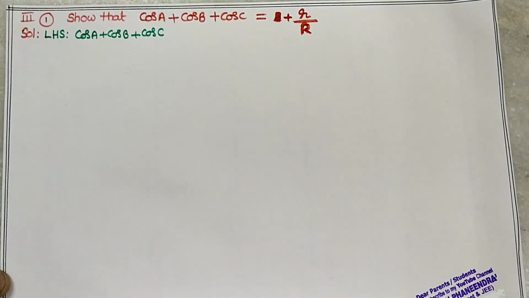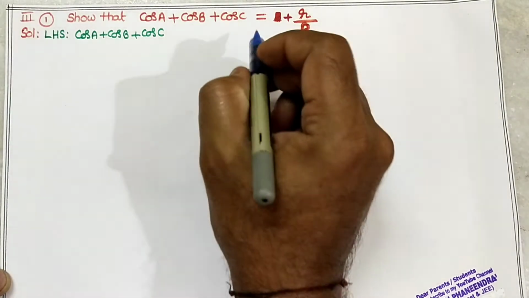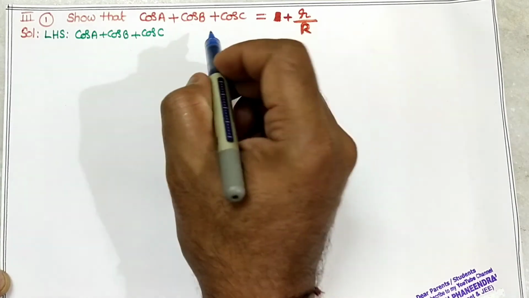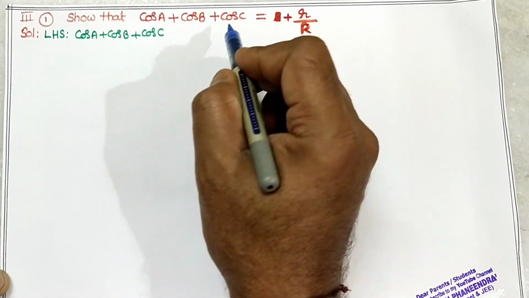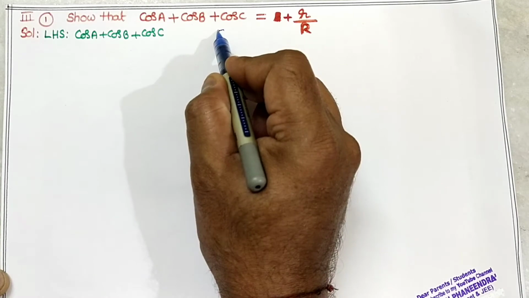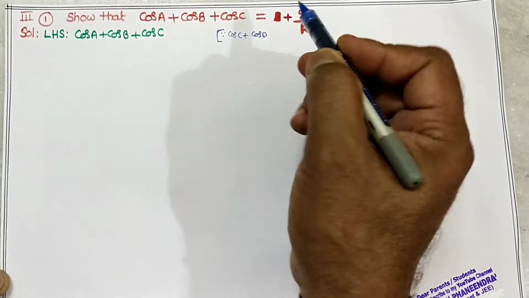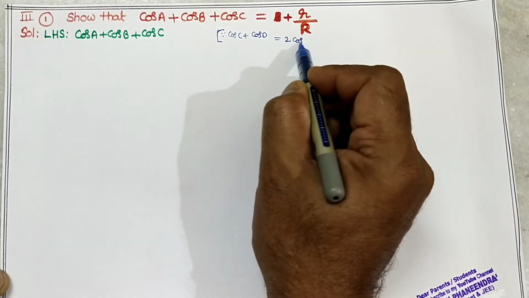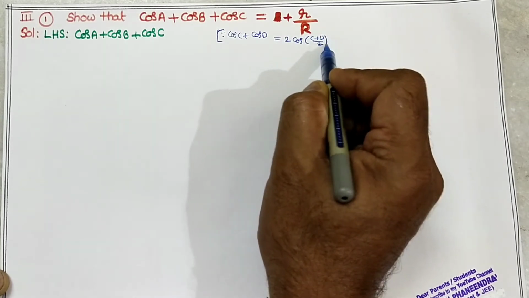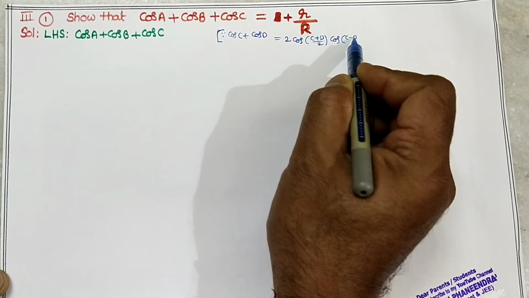By using the transformation formula, for the first two terms cos A plus cos B is there, no? So here I am going to apply the cos C plus cos D formula. Here I am writing now. For the first two terms I am applying the formula cos C plus cos D equal to 2 cos of (C plus D) by 2 cos of (C minus D) by 2.